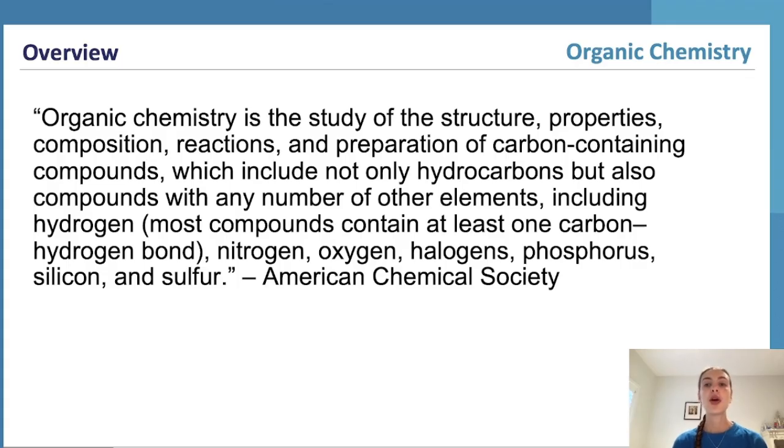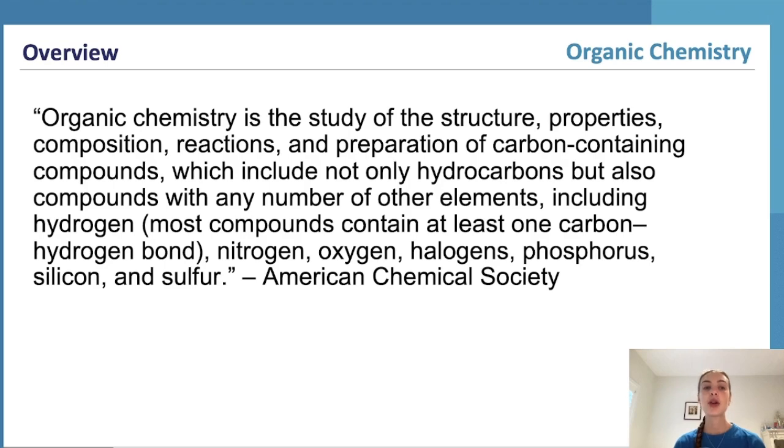So we'll start off with a bit of an overview of what organic chemistry is. According to the American Chemical Society, organic chemistry is basically just a study of the structure, properties, composition, reactions, and preparation of compounds which contain carbon, so that including not only hydrocarbons but also compounds with any number of other elements, so that could be hydrogen, nitrogen, oxygen, halogens, phosphorus, silicon, and sulfur.